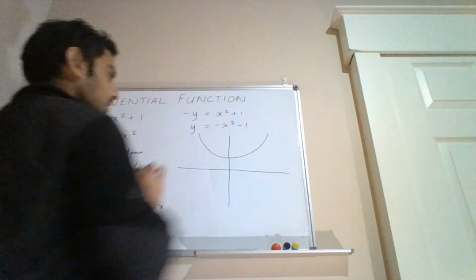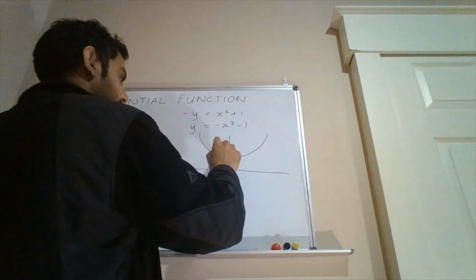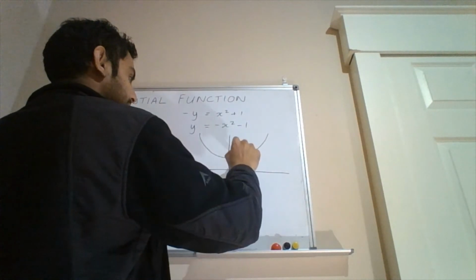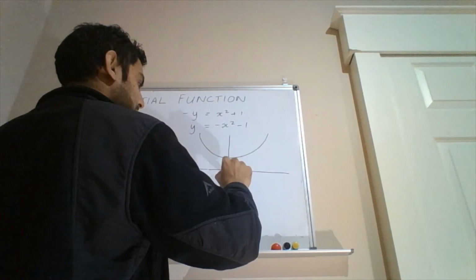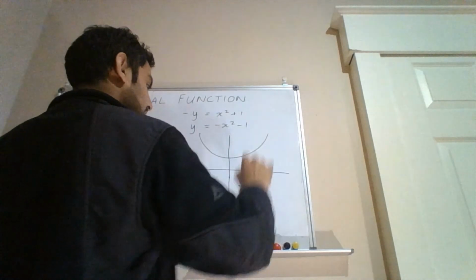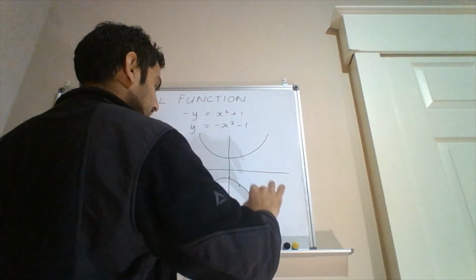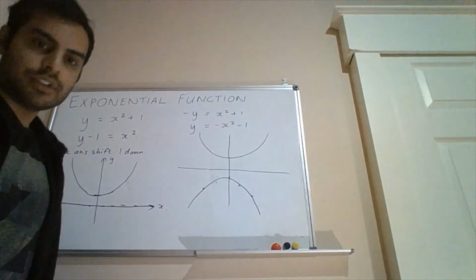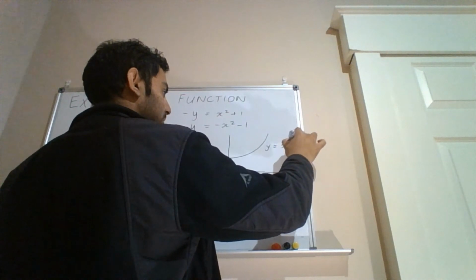So this was our graph for the equation y equals x squared plus 1. And the reflection about the x-axis, we're going to take all of these points and flip them. This one there, this one there, and we get a graph that looks something like this. Okay, so this is the equation, y equals x squared plus 1.